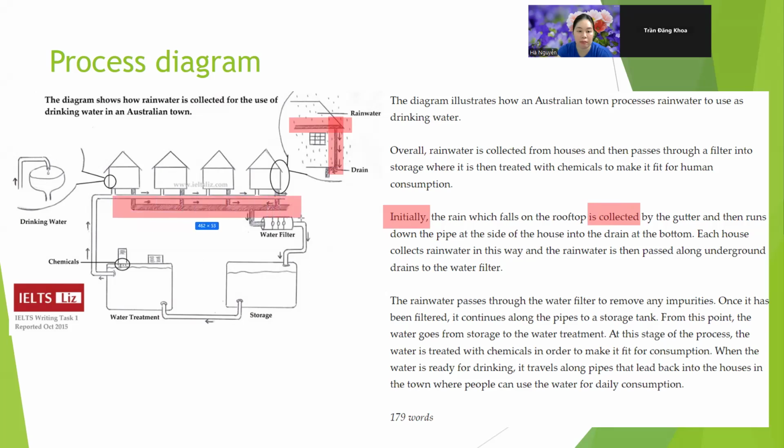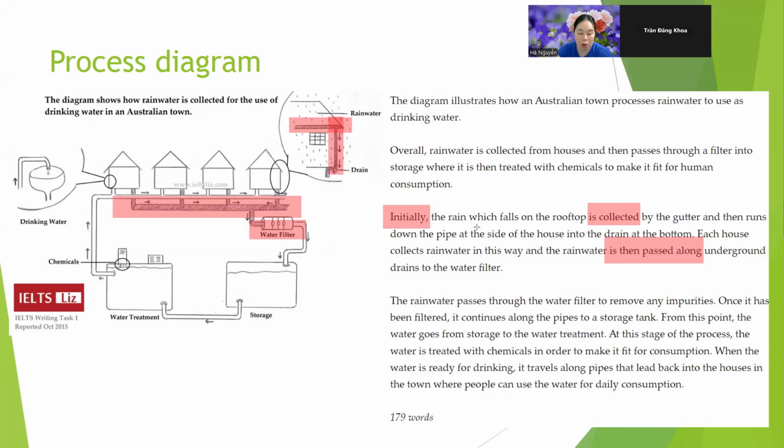Each house collects rainwater in this way, and the rainwater is then passed along underground drains to the water filter. You see the process is described in detail, and there are passive voice sentences, like "is then passed along". But not all sentences are passive. We have "each house collects rainwater in this way", so that's an active sentence. So remember to mix it up.